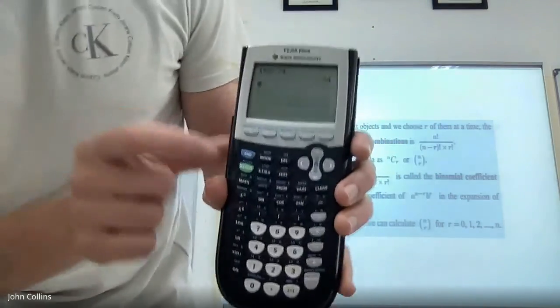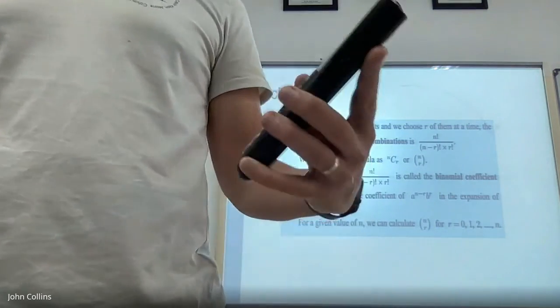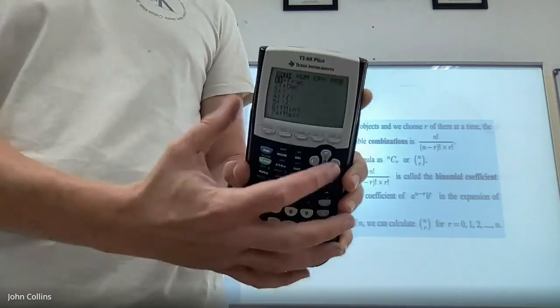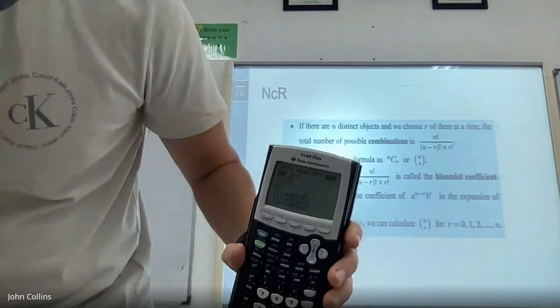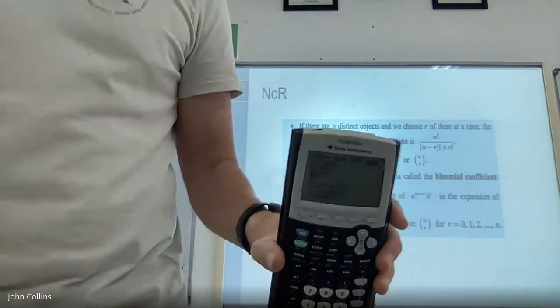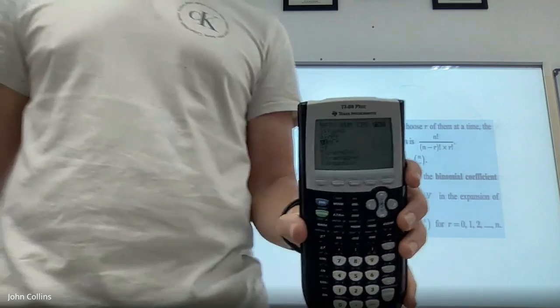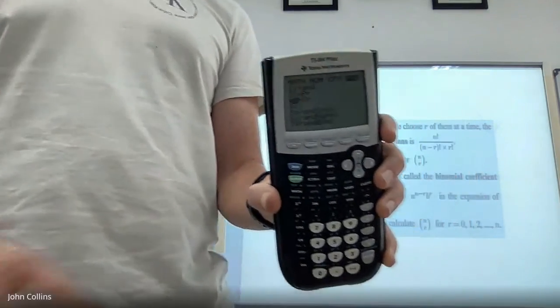If you go to math on your calculator, and then move over to the probability section, which is the last section, you could probably see it as the third option, nCr. Math, probability section, nCr. That is it.